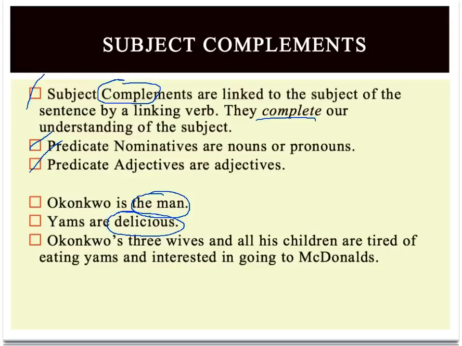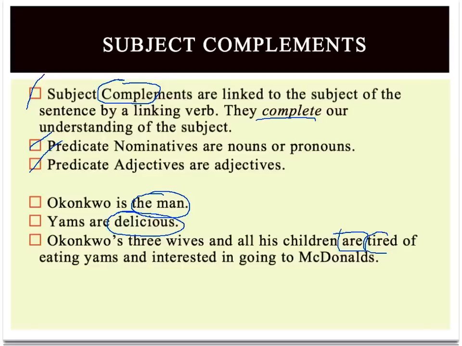And then in this last sentence, Okonkwo's 3 wives and all his children are tired of eating yams and interested in going to McDonald's. Well, there are 2 subject complements in this long, complicated sentence. All right, the verb right here is are. Okay, once again, there's a form of the verb to be that's a linking verb. What are Okonkwo's 3 wives and all his children?